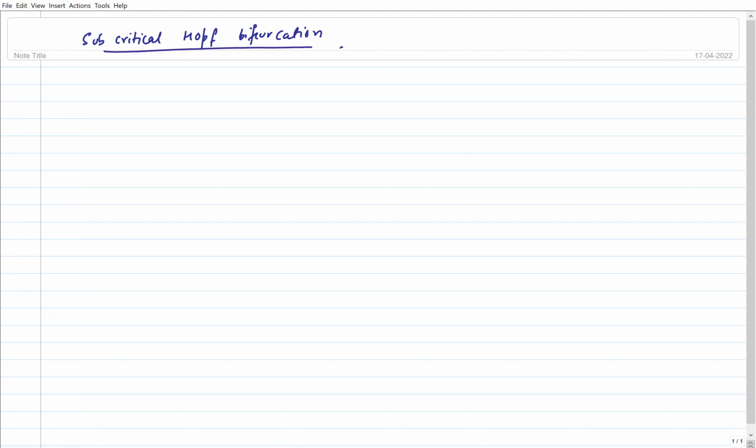In the last lecture, we studied the supercritical Hopf bifurcation, where you had a fixed point that went into an unstable fixed point and a limit cycle. We saw that the limit cycle was very gradual as you change the parameter.